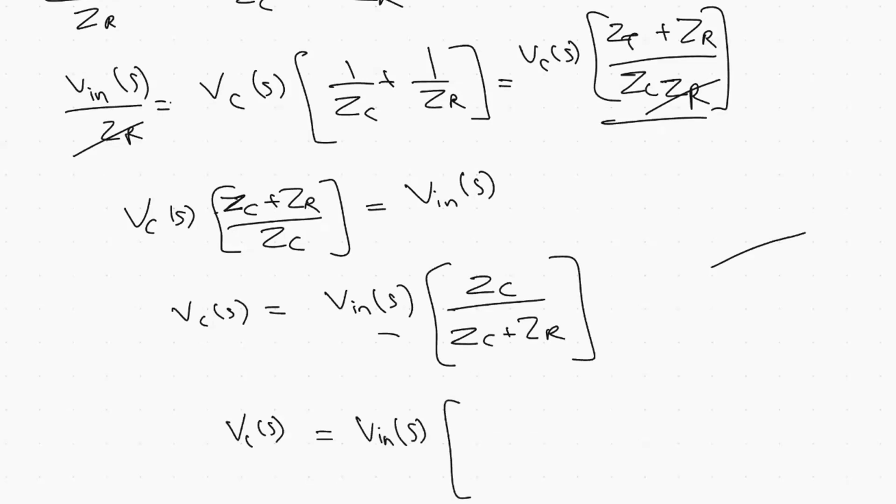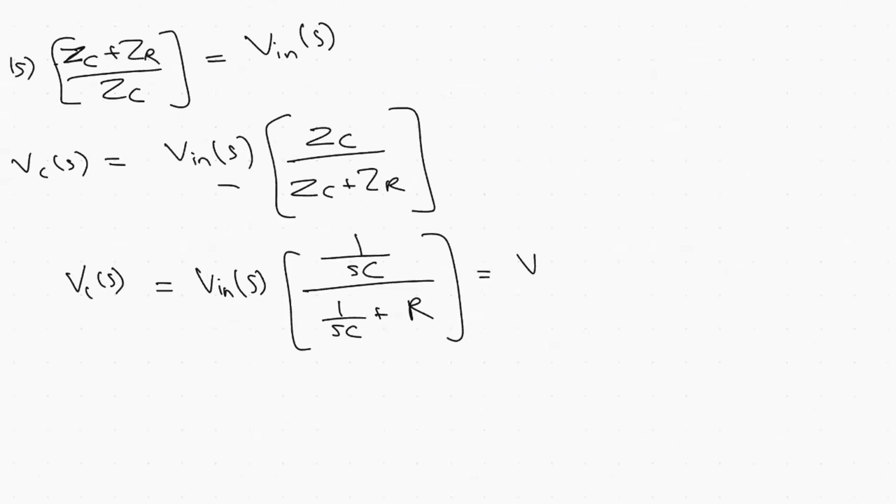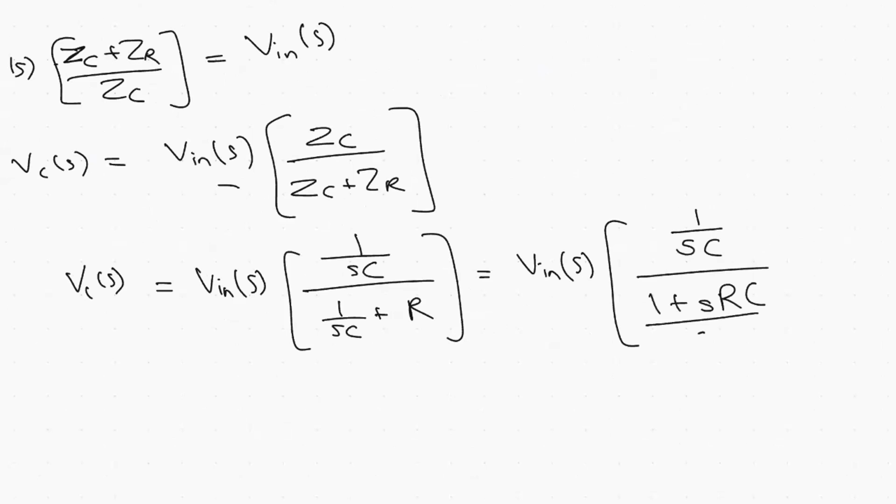That is 1 by SC by 1 by S plus R. And now I can cancel this and this because they're both in the denominators, correct?